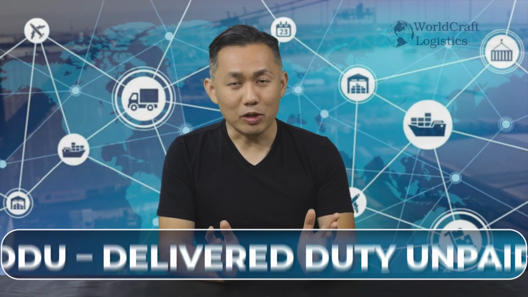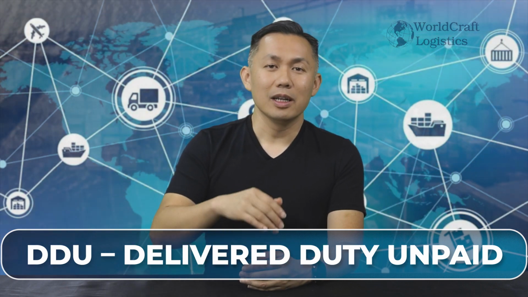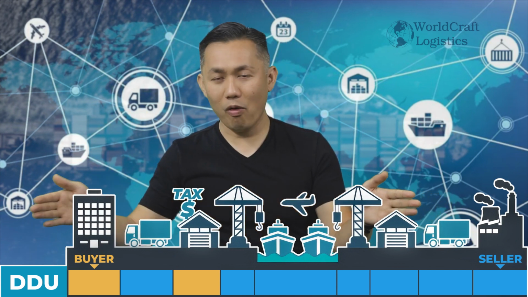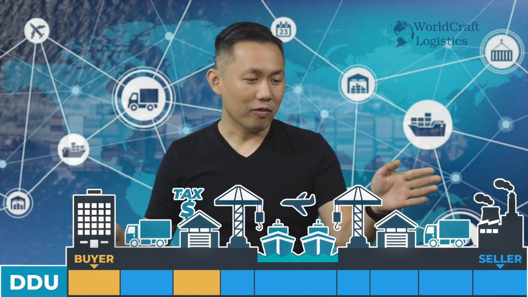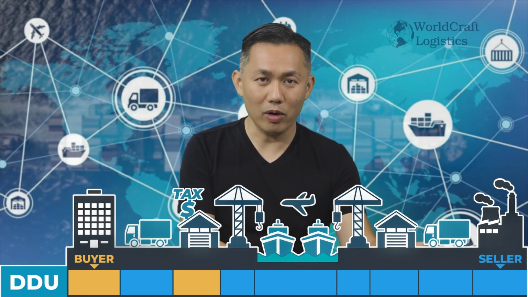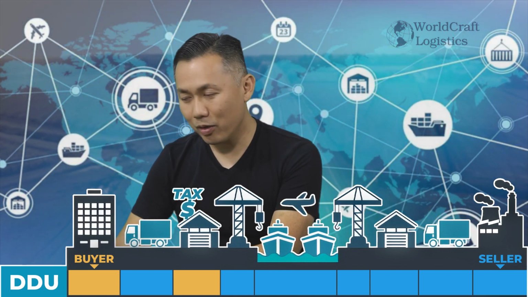And then number 3 on the list is going to be DDU, delivered duty unpaid, right? In short, the seller is going to do all the transportation for you from the factory level to the port, ocean or air, and then customs clearance for you, and finally to your door.